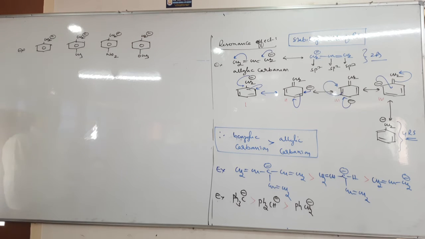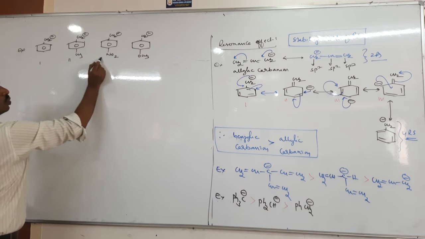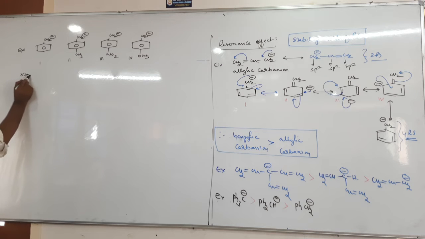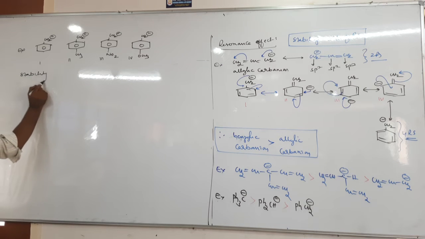All are benzyl carbanions. It is 1, 2, 3, 4. Tell me, what is the order of stability of these carbanions?